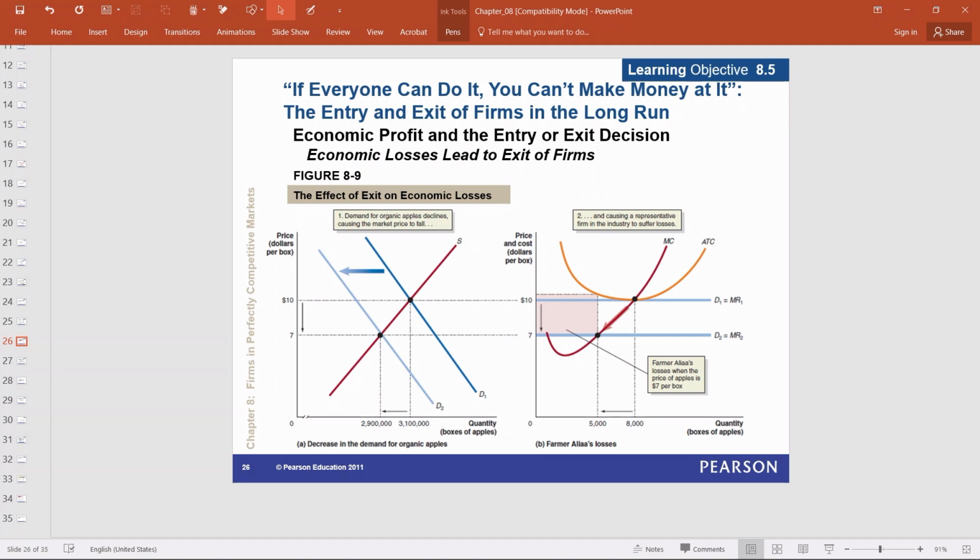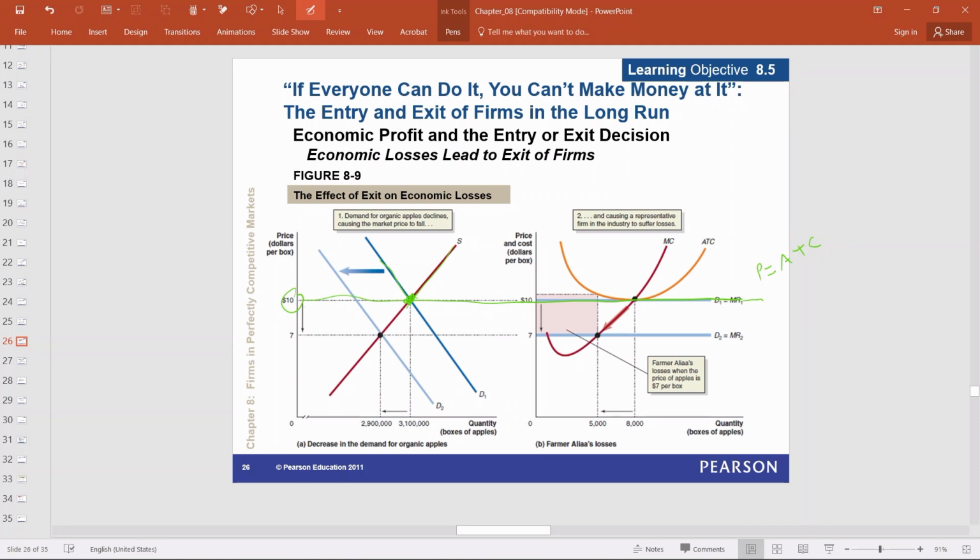If we start with a price level of 10, this is the initial equilibrium, so these are the initial supply and demand curves. At this level of price, this company was in fact at the break-even point where price equals average total cost, so no loss and no profits.